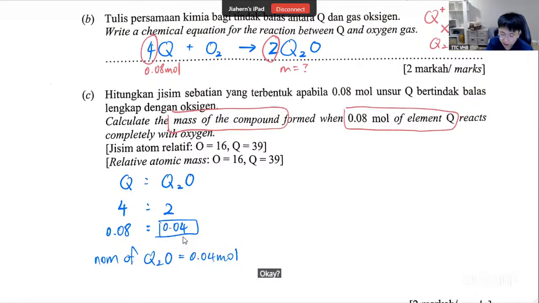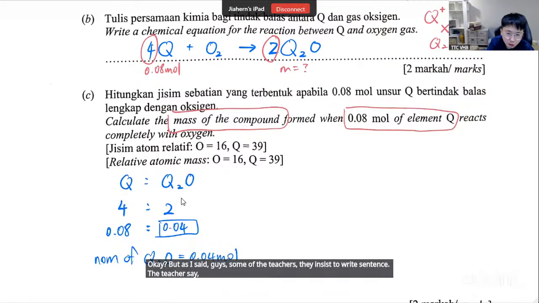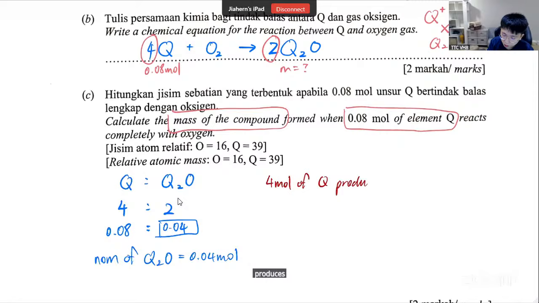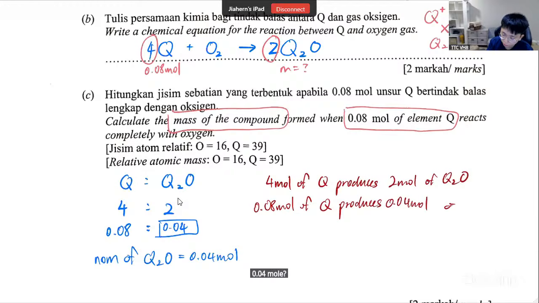But as I said, some teachers insist on writing a sentence. If the teacher says, I don't want this ratio format, I want a sentence, just put it into words: 4 mole of Q produces 2 mole of Q2O, then 0.08 mole of Q produces 0.04 mole of Q2O.